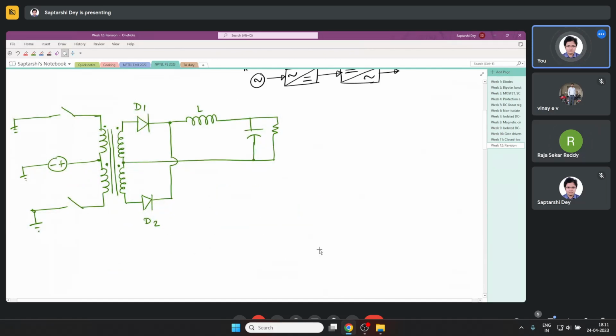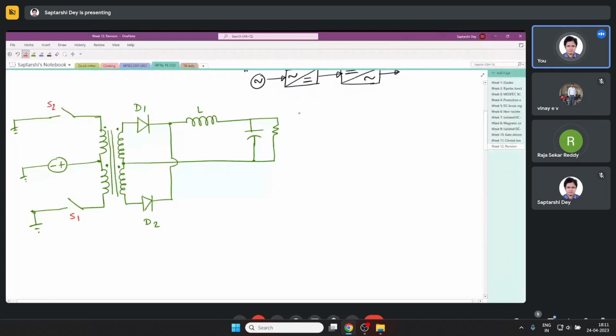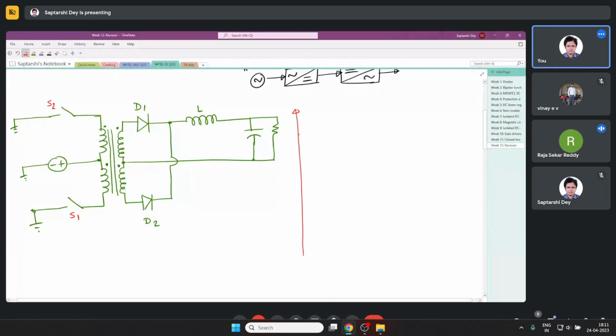Right. So if I call this switch S1 and this switch S2, we know the switching pattern is like this.